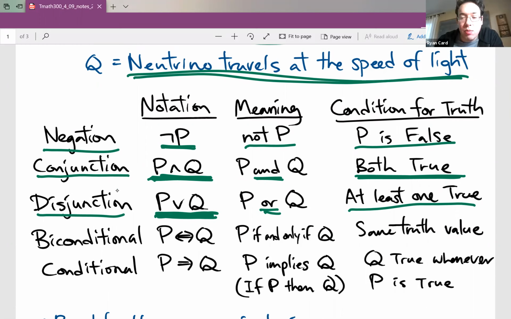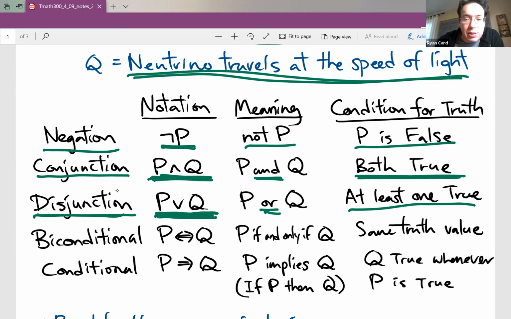When they use the word or there, they're happy to have both experience and fluency in Spanish when you apply, right? There, you could have one or the other or both. If you're okay with both, then you're using what's called the inclusive or. That's a disjunction.